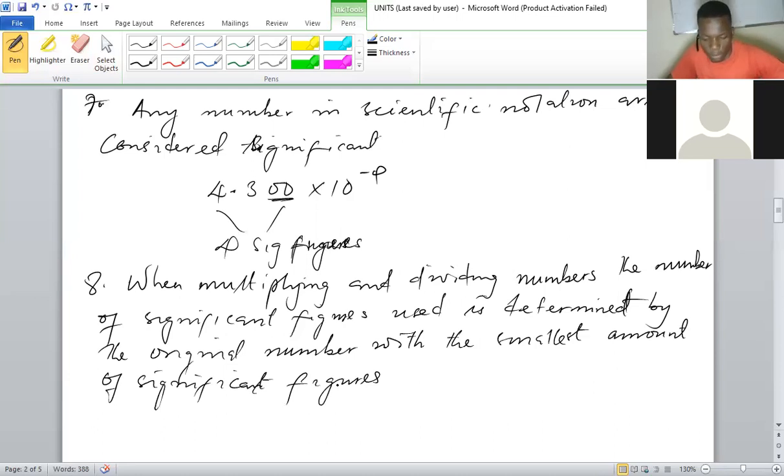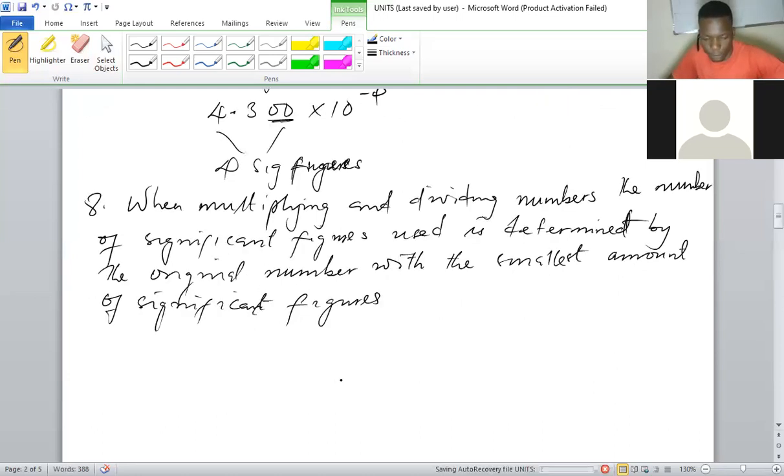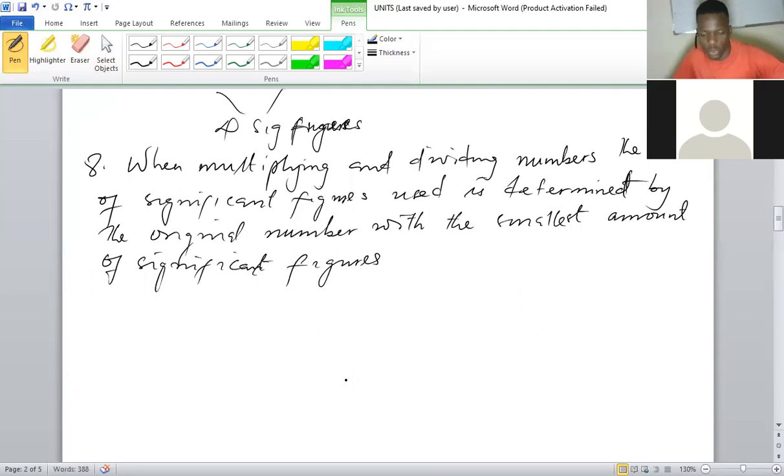So when you are multiplying two numbers or dividing two numbers, the number of significant figures of the answer is going to be influenced by one of the two numbers that you've multiplied.